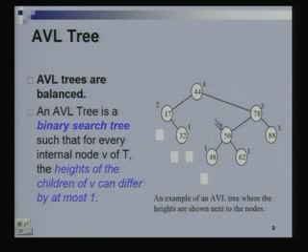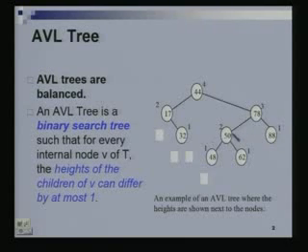Now such a tree is called an AVL tree if it is height balanced. Now what does height balanced mean? If I look at any node and I look at its children, then the difference in their heights is at most 1. There might be no difference in their heights, as is the case with this node. Its two children have the same height. This node has a difference.